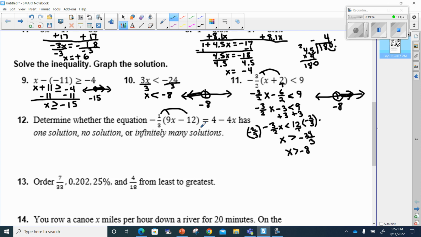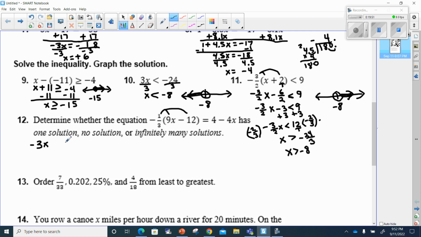If I multiply these across, negative 1 over 3 times 9x, well, 1 times 9 is 9, and 9 divided by 3 is 3. So this turns to negative 3x. And then negative 1 over 3 times negative 12.